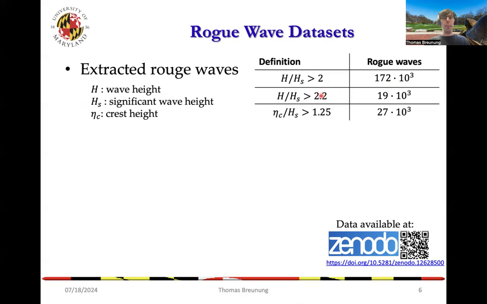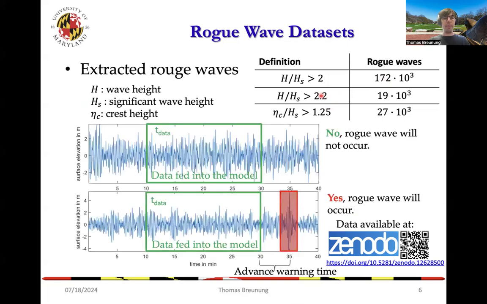And then we prepare the data set to forecast those waves. So we feed data into a model. Most importantly, the data we feed into the model does not contain any rogue waves. These are time series taken prior to a rogue wave event, and the time span between the last sample and the rogue wave event is the advance warning time.